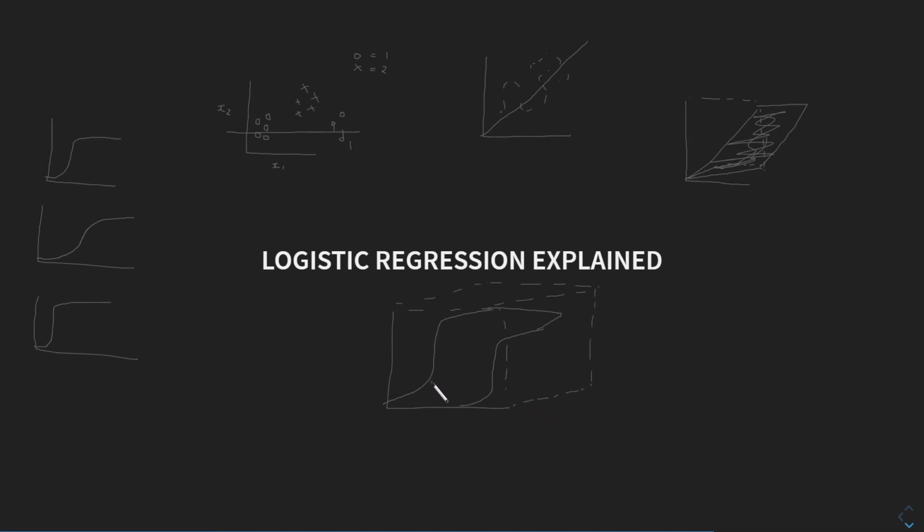And then we have some features here that are above the sigmoid, and we have some features here that are below the sigmoid. So these would be, according to the sigmoid, 1, and these would be 0. Okay, that's the intuition. That's all you have to know.